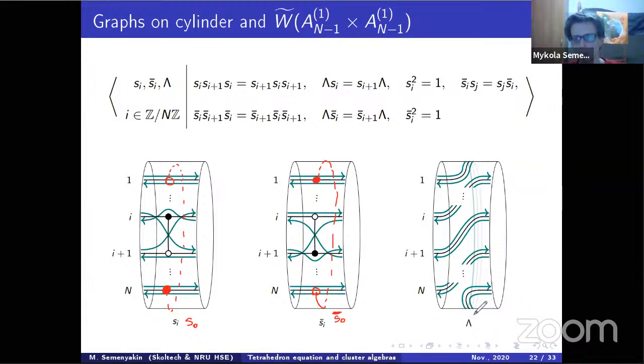And the additional generator is like a loop rotation. So it just shifts all strands by one, but it doesn't contain any black or white dots. This is just a shift. And the important thing is that we have a branch cut here.